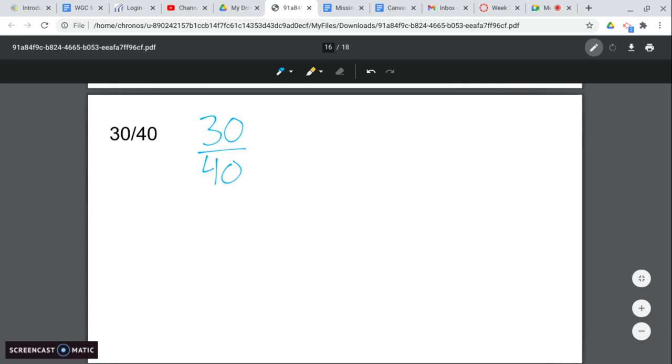Also remember, anytime both your numbers end in 0, you're going to divide by 10. That's always a good place to start when your numbers end with a 0, because those numbers are typically divisible by 10. So 30 divided by 10 is 3, and 40 divided by 10 is 4.